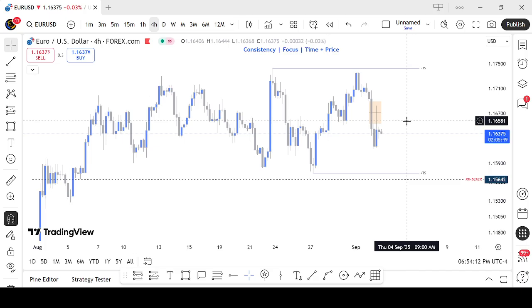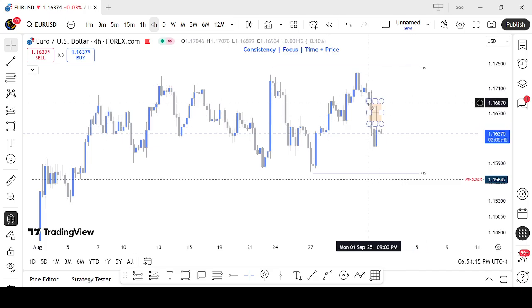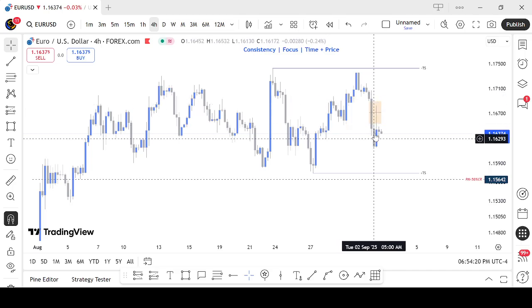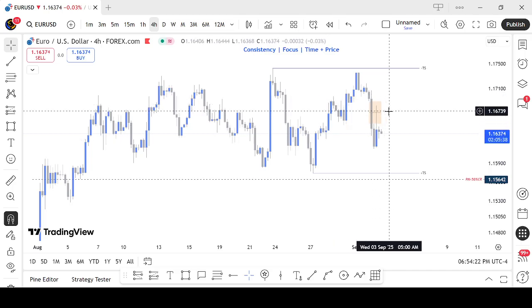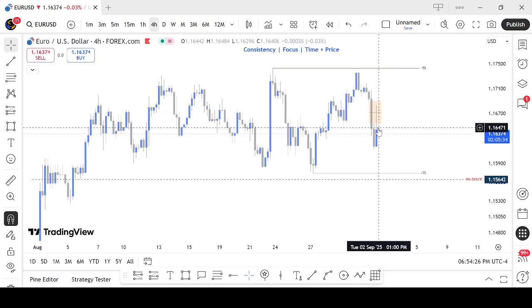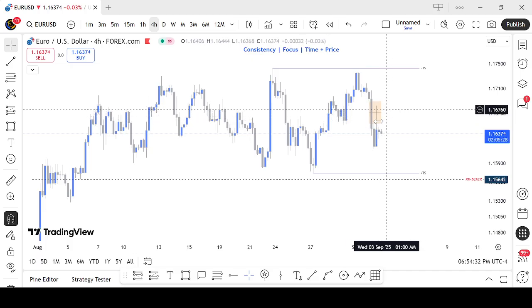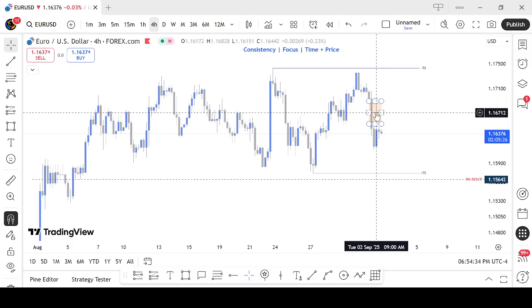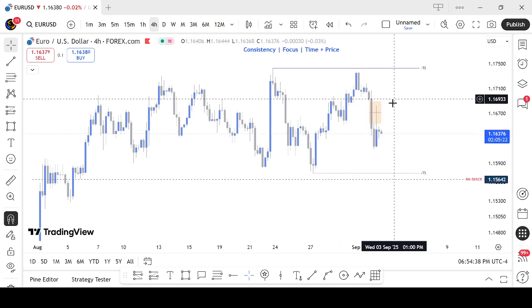But all right, on this 4 hour we've seen price dip down, creating a fair value gap just like it was showing on DXY. But during New York session, price recouped and priced into that range. All right, and we covered almost 70% or 62% of that fair value gap.